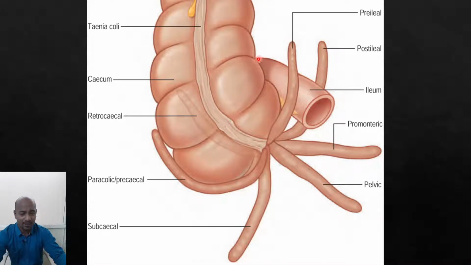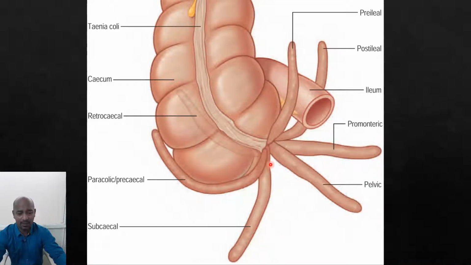Okay, so the ileocolic junction is here, and the appendix is below it, on the posteromedial aspect of the cecum. The base will always be here, but the tip may be positioned in any of these positions.